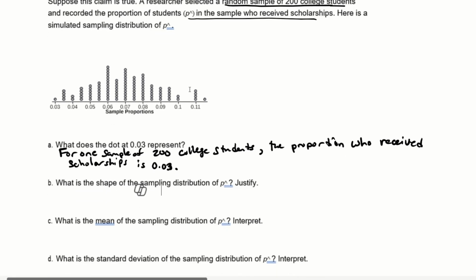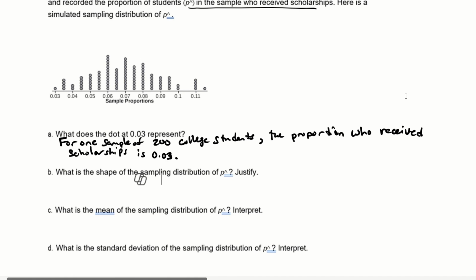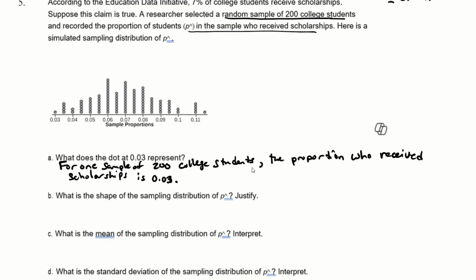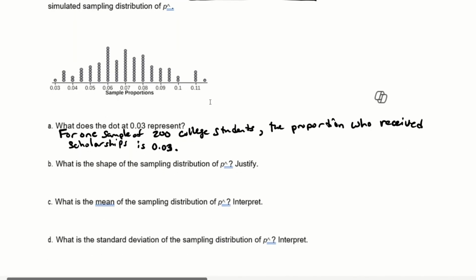Okay, so then what is the shape of the sampling distribution of p-hat? Well, it does appear to be approximately normal, just looking at the data. We can verify this also by using the 10% condition.